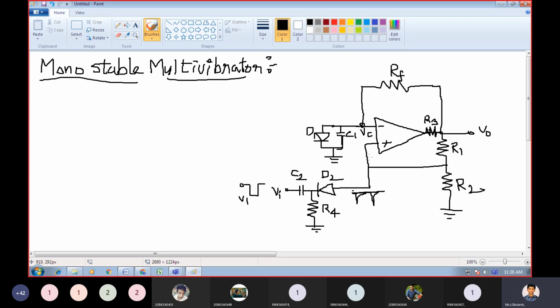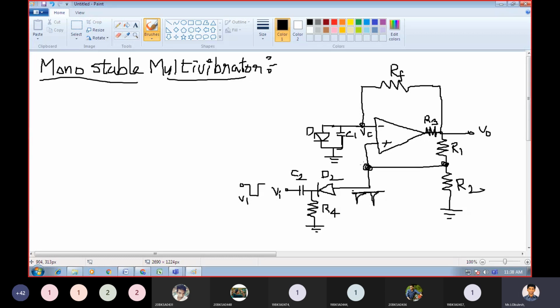The voltage at the positive input terminal through R1 and R2, the voltage divider, is plus V saturation.